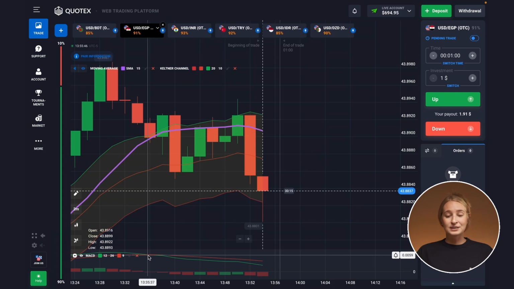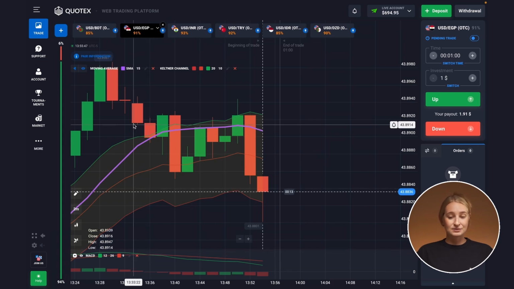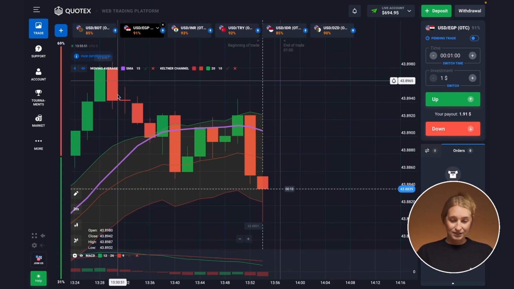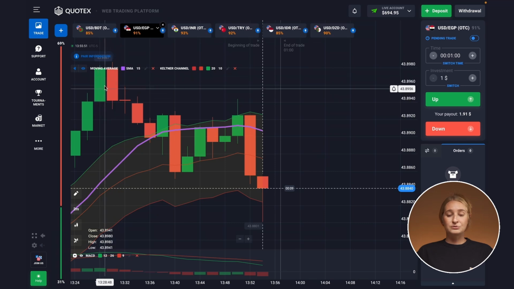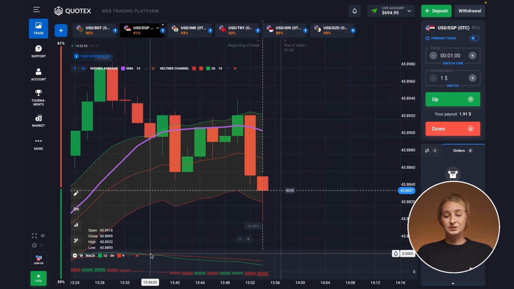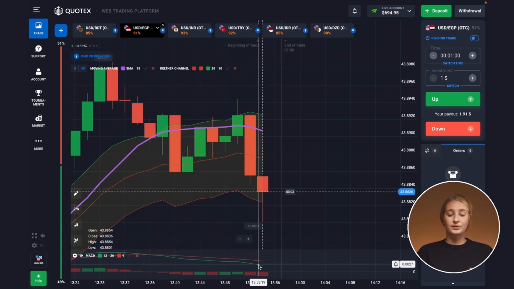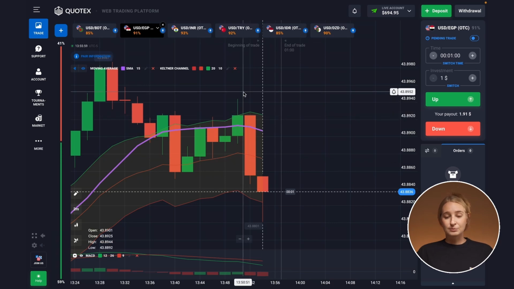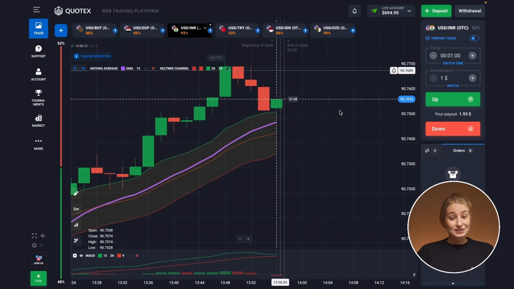And also the MACD indicator after this intersection, as you see, there was an intersection. So the situation was pictured like that on the trend. The situation went also down because of the red line that is above the green one. So really cool trade. Let's have a moment in the next currency pair.